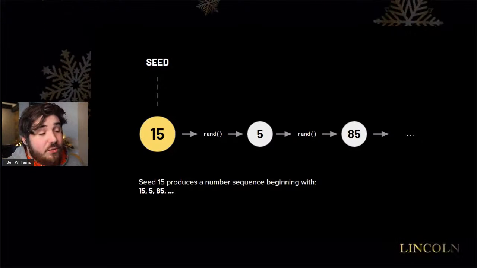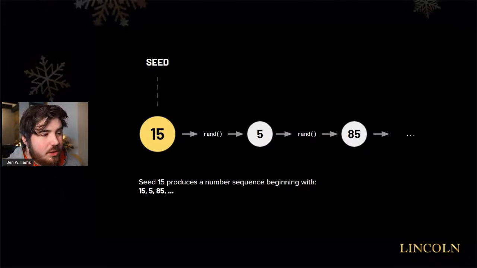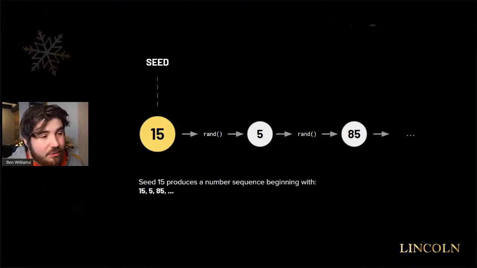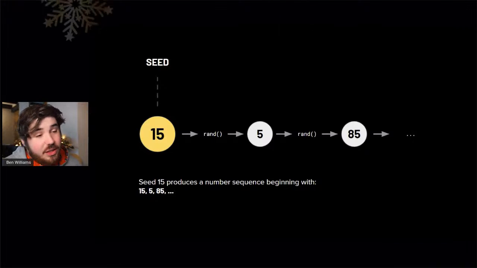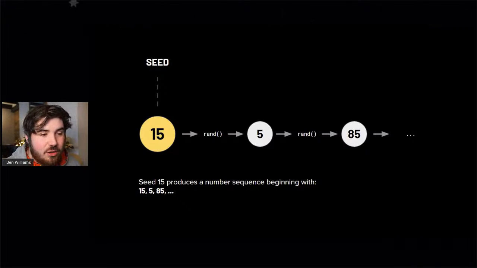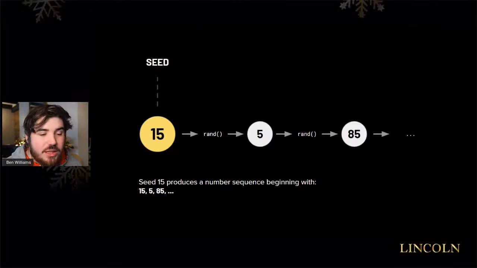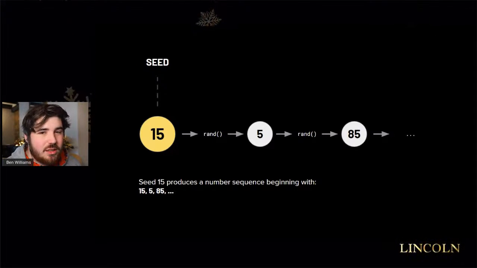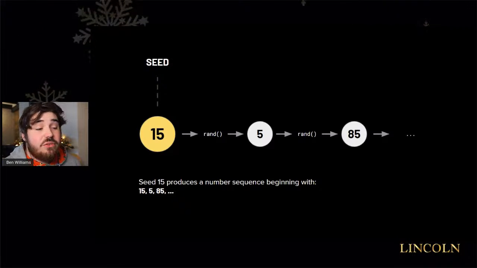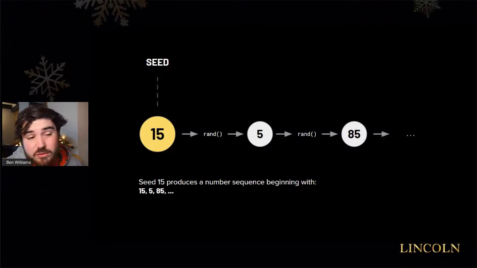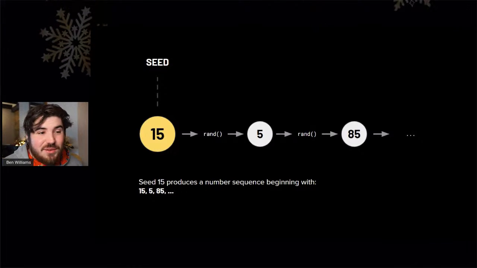We got that comment from Subpanda about seeds, how we can take something like a seed 15 and generate an entire map from that seed. This is the power of random number generators, and using that state determinism we can generate entire number sequences from one particular number. So seed 15, for example, will generate a number sequence beginning with 15, 5, 85.